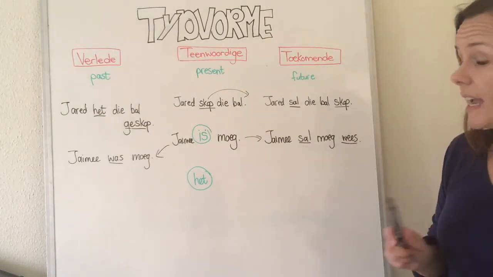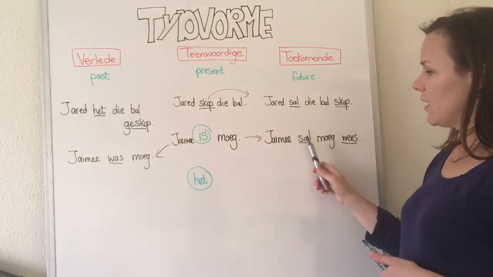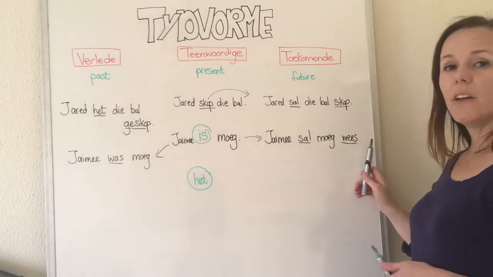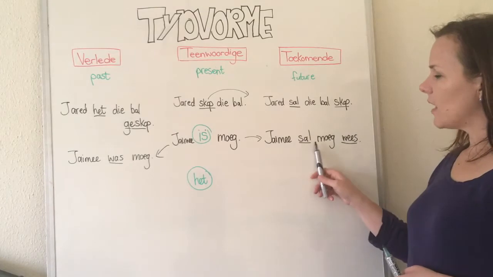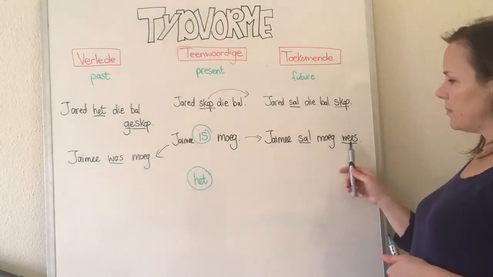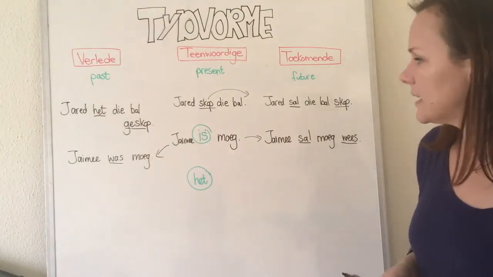Okay, so just again, we add sal, just like we did there. We write the rest of the sentence and then at the end we write wees. So wees means be and sal means will. So this is Jamie will be tired. Okay, you can't translate it directly, then it won't make sense.